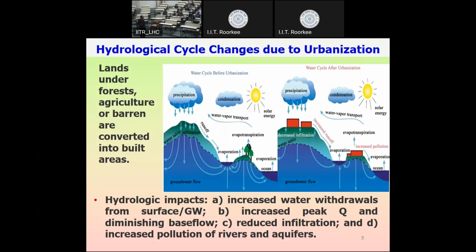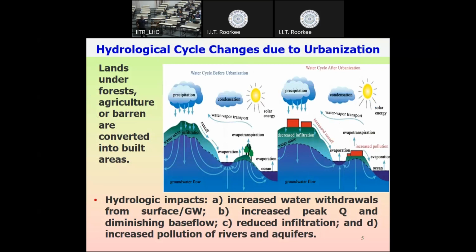So there will be less opportunity for water to enter into the ground, which is depicted by decreased infiltration. And as infiltration decreases, the amount of water that is present in the saturated zone or lower zone decreases. So water tables start falling down.